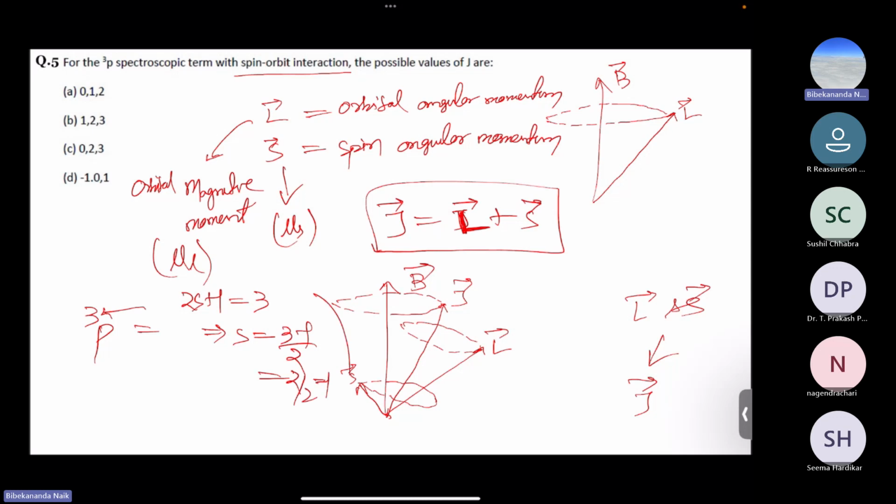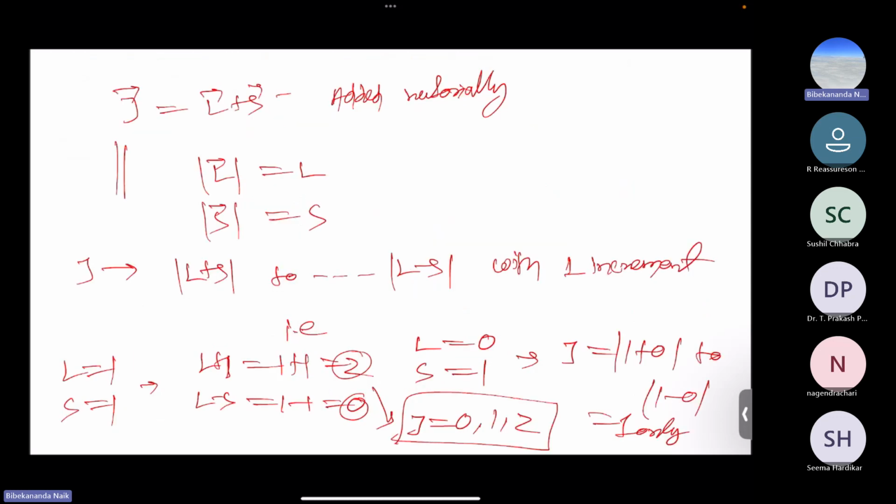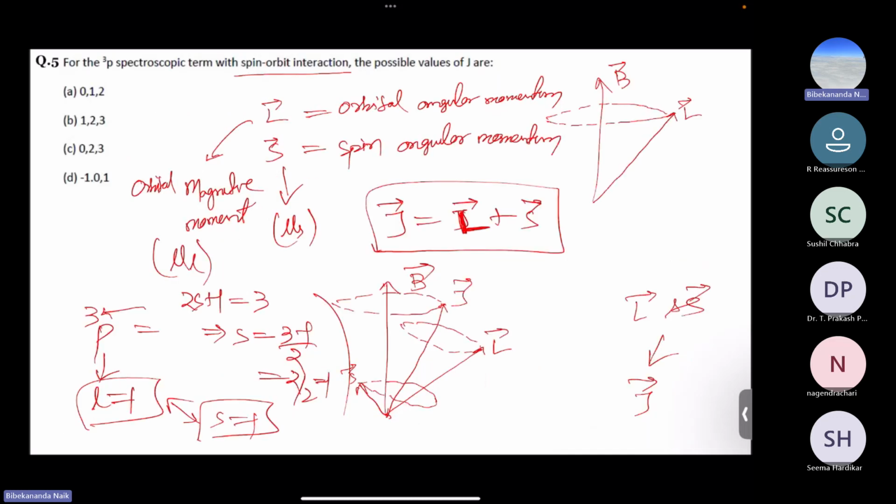So S is 1. And for P, L is 1. So L is 1 and S is 1, so the possible values of J are 0, 1, and 2. So the correct option will be option A. The possible values of J are 0, 1, and 2.